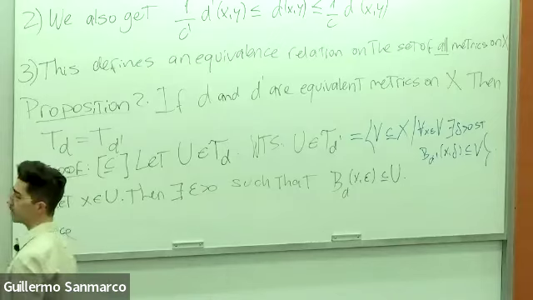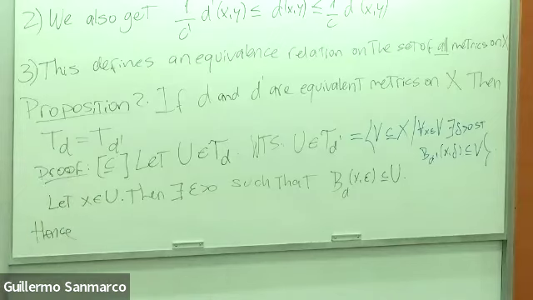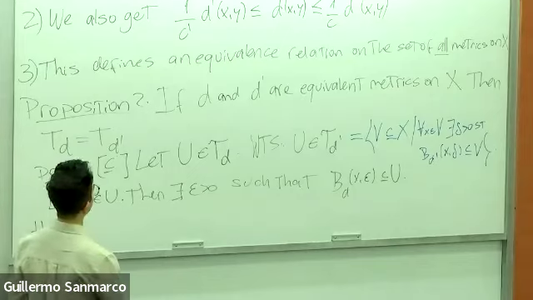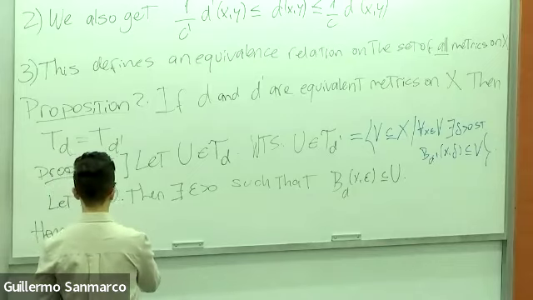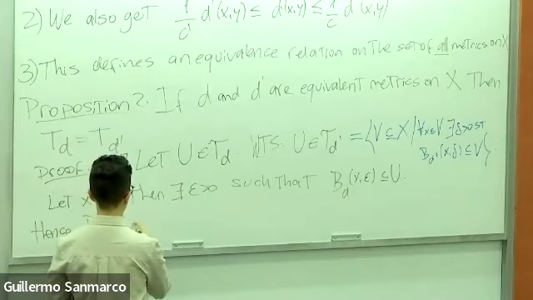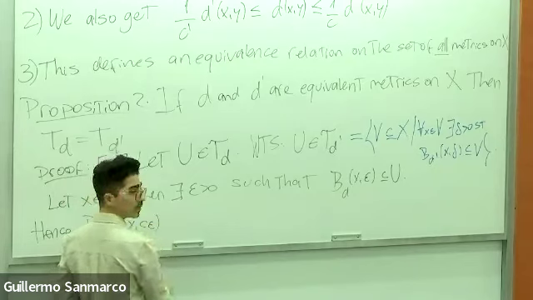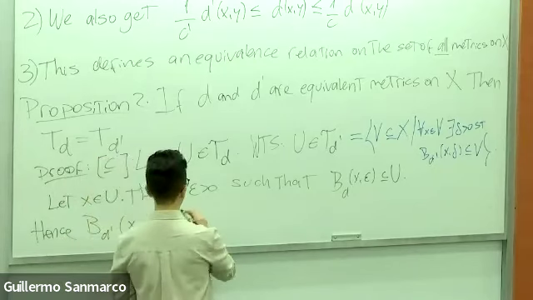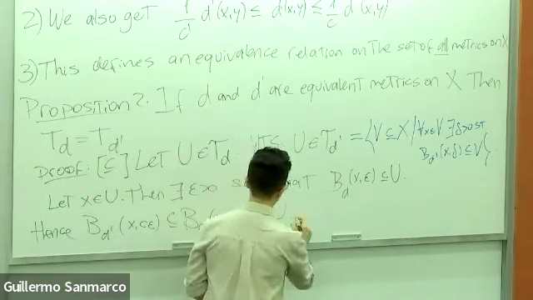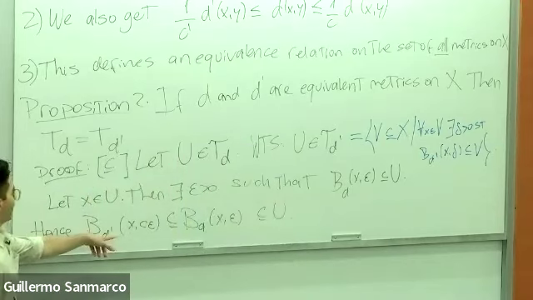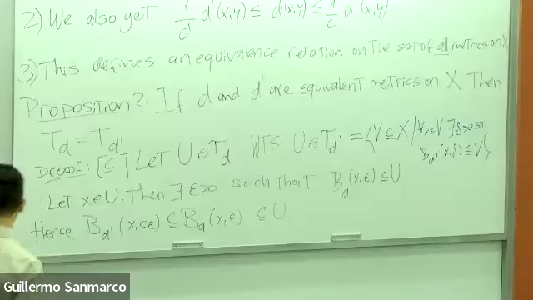Using our second note here, the D prime ball of radius C epsilon is inside that D ball, B_D(x, epsilon), which is inside of U. So here, I'm not really saying what C and C prime are, but they should be constants from this definition. Maybe I can write that.